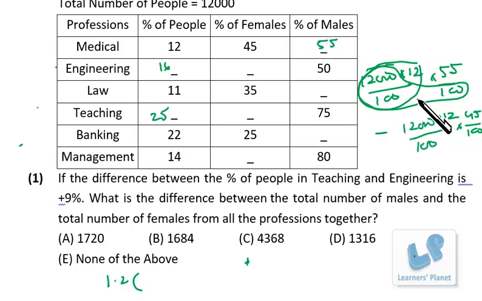Now inside the bracket, here it is 12 into 55, here it is 12 into 45. So this data will remain same for each profession, right? So what we have to do, 12 we can take as common, 55 minus 45, that is 10, right? So 12 into 10, 120 into 1.2, that will be the difference between males and females in case of medical.